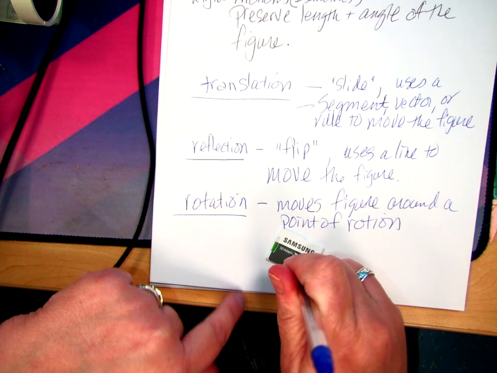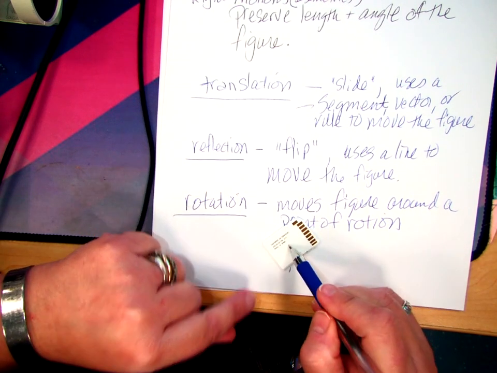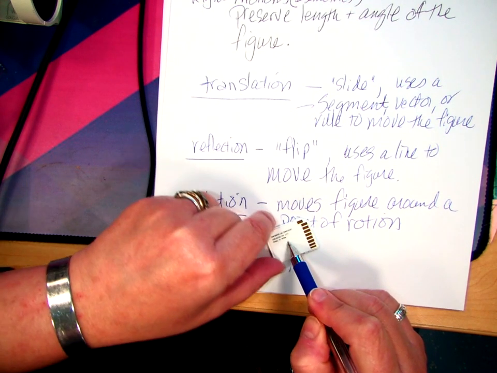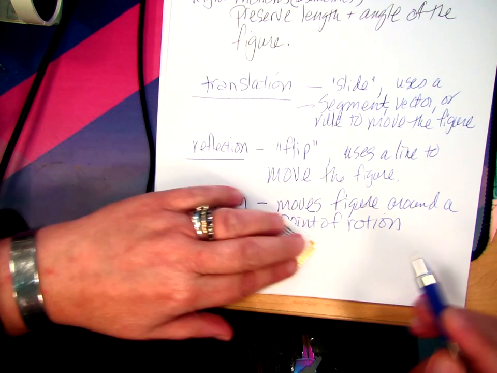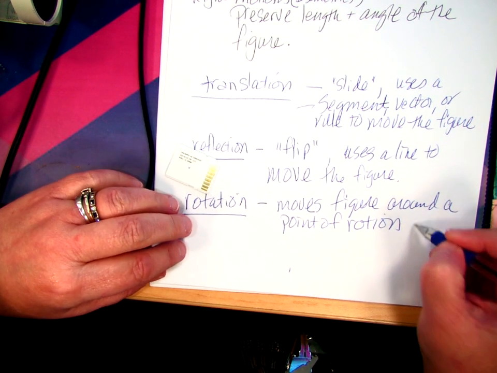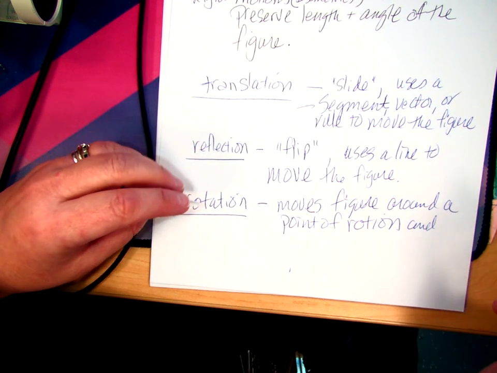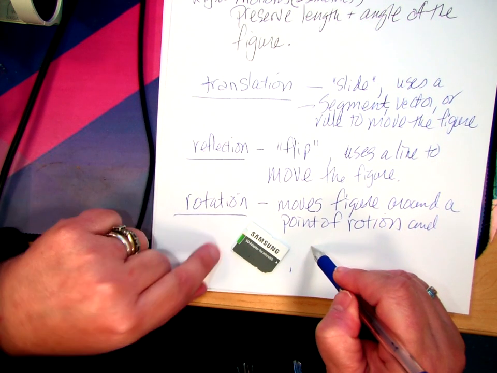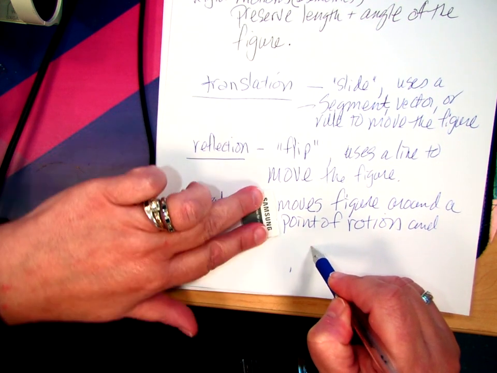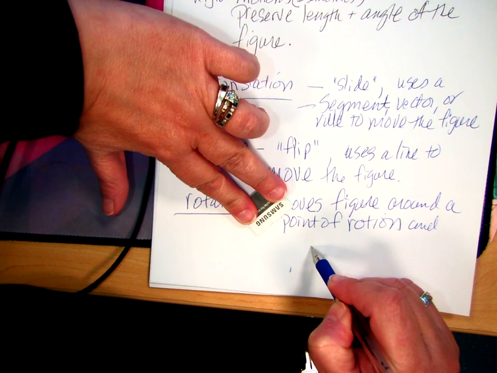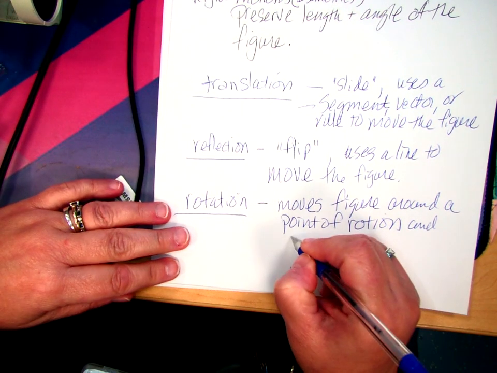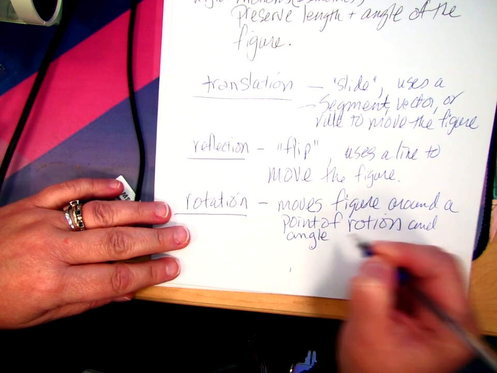If I were to have a point literally right in the center of this and rotate this around that point, that could be the point of rotation, okay? Or it could be not on the figure itself and you are rotating the figure around that point, okay? But you are always rotating it a specific angle, okay?